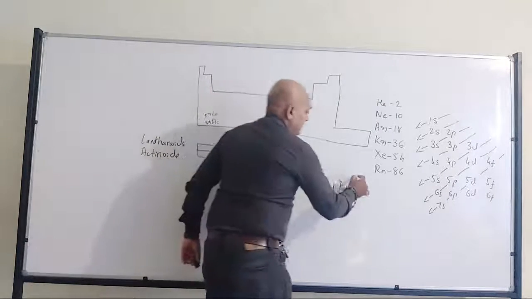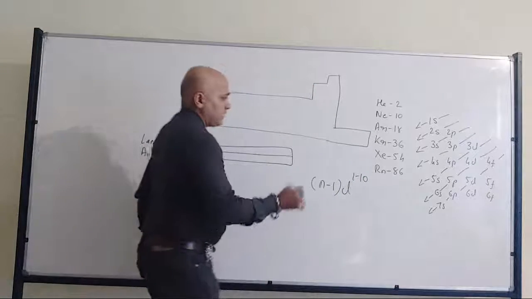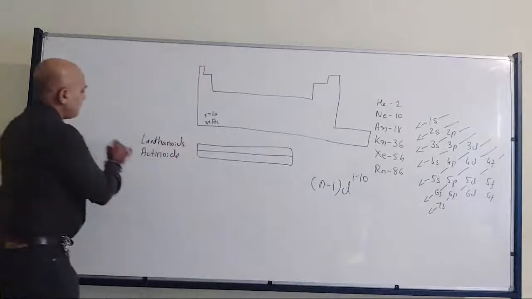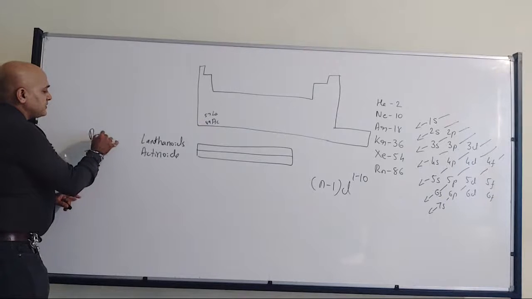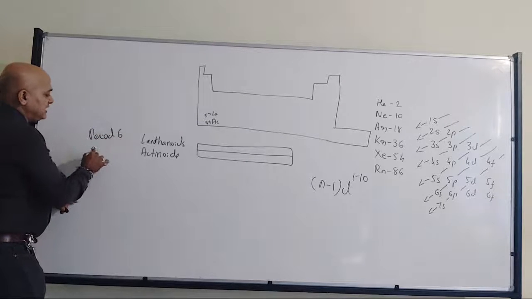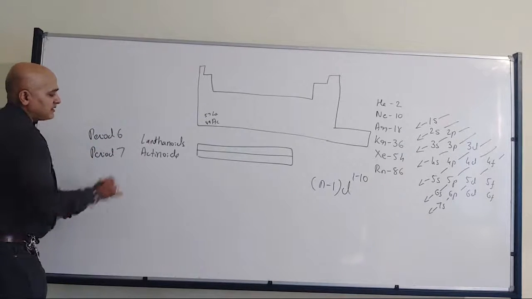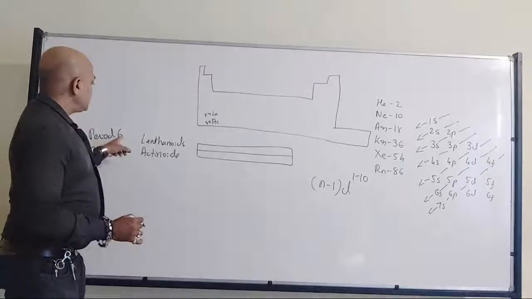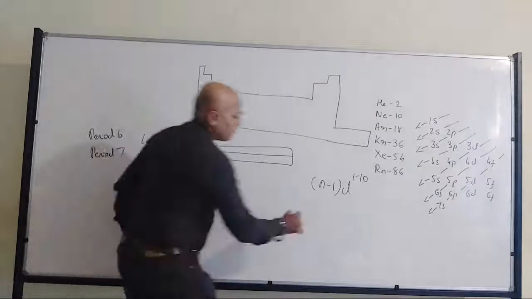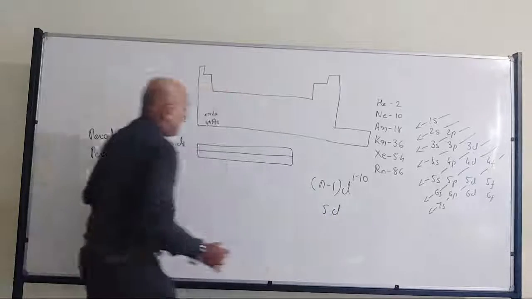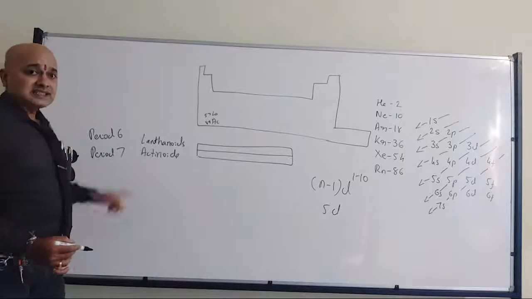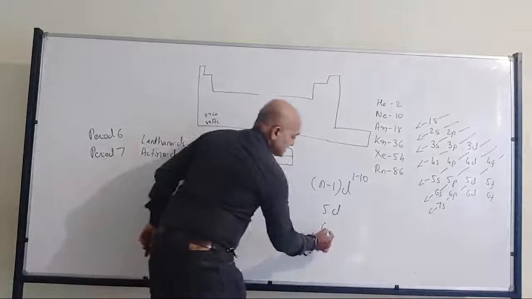Right? So if I take the n minus 1 D formula, when I am talking about period 6 and period 7, n minus 1 for period 6 will be 5D, and n minus 1 for 7 means it should be 6D.